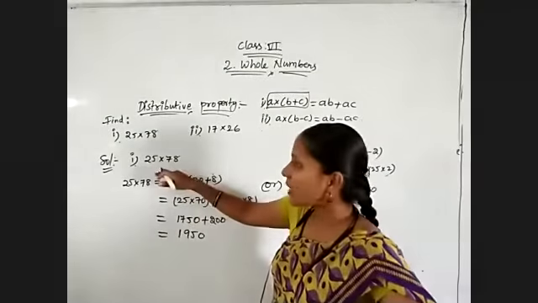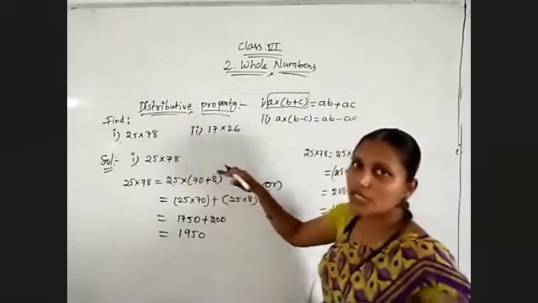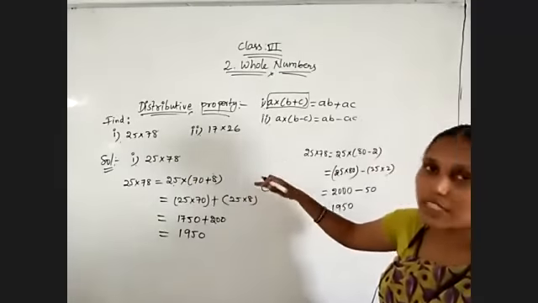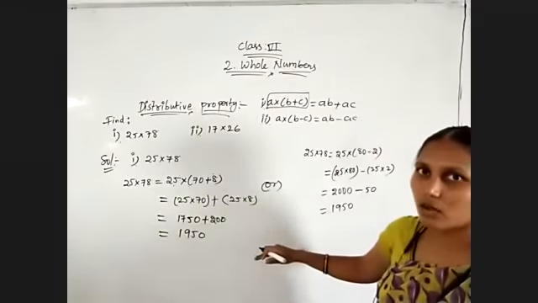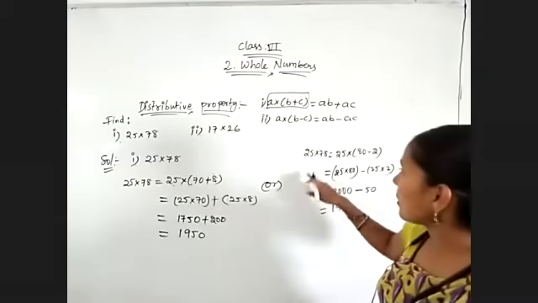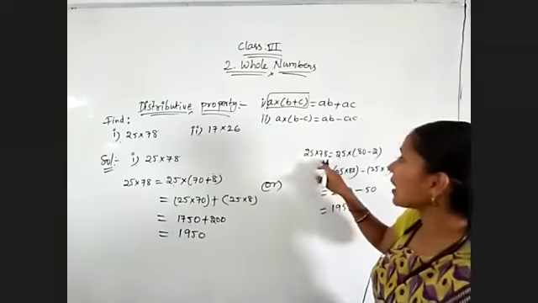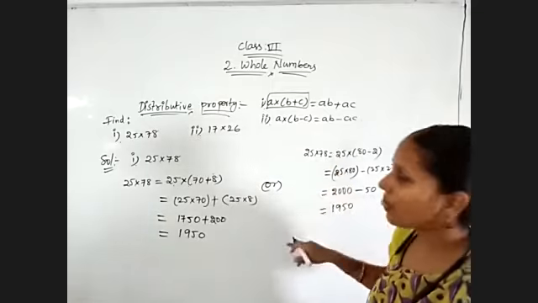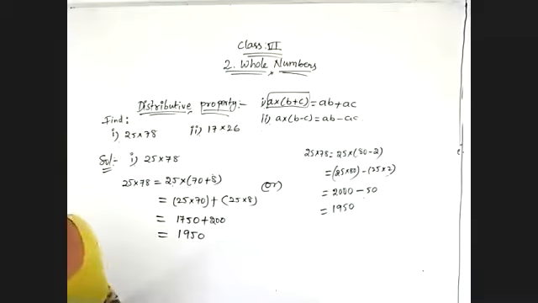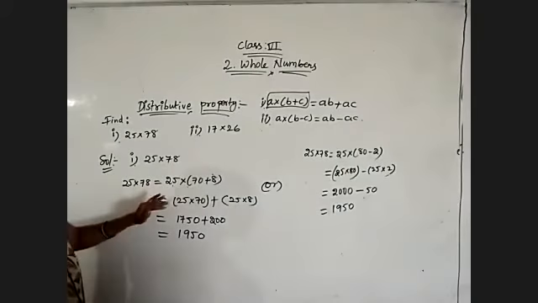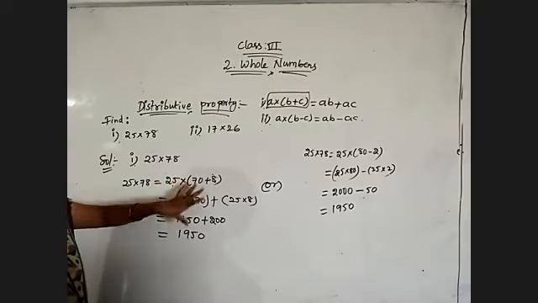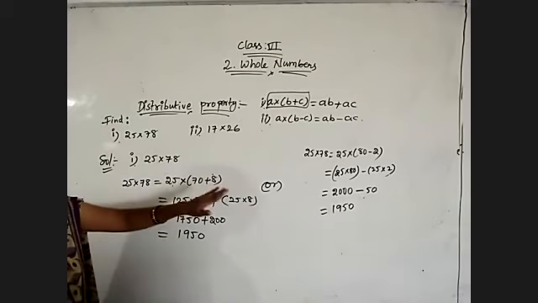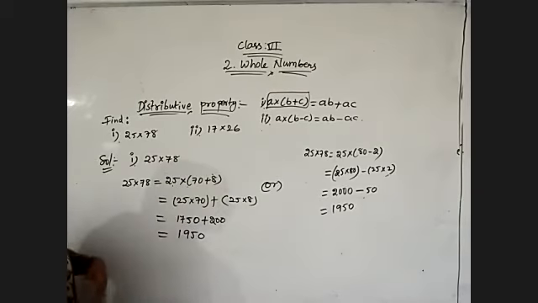So try to choose the number by which we get answers easily. Always, in most cases, we expand the greater number. I hope you understood. This question we can do like this, otherwise like that also. Use any one, no need to do both methods.